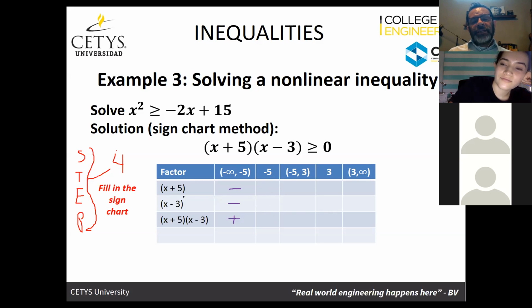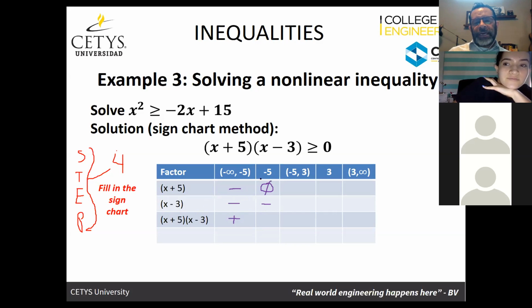If I substitute -5 here, what do I get? 0. So always in the roots, in some cases, we're going to get a 0. If I substitute -5 here, what do I get in the second row? We get -8, correct? So it's negative.